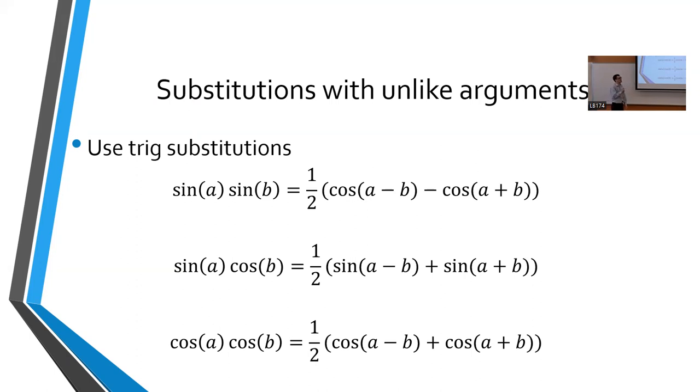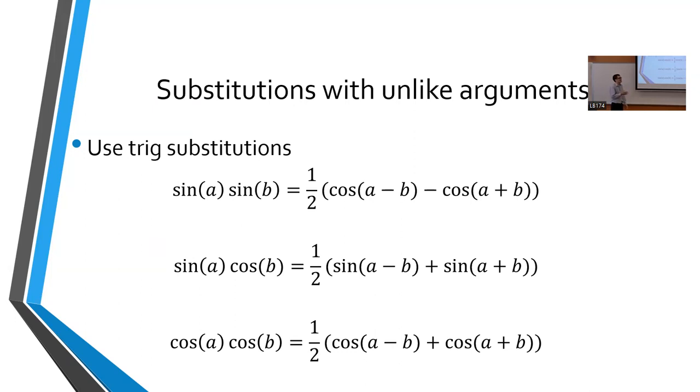If you have sine of an argument times sine of another argument, it's 1/2 times the quantity cosine a minus b minus cosine a plus b. A and b are the different arguments. Sine of a times cosine of b is equal to 1/2 sine of a minus b plus sine of a plus b. Cosine of a times cosine of b equals 1/2 cosine a minus b plus cosine a plus b.